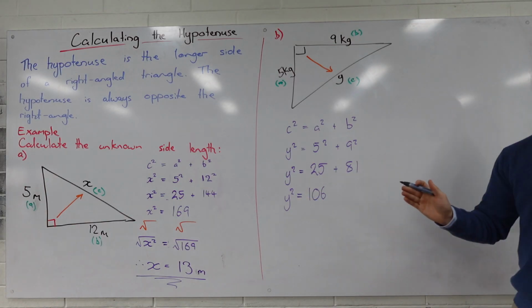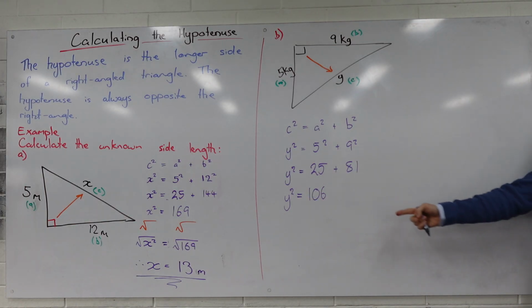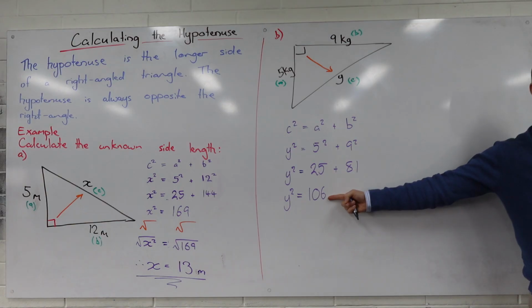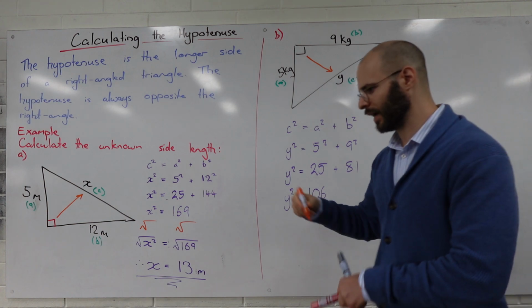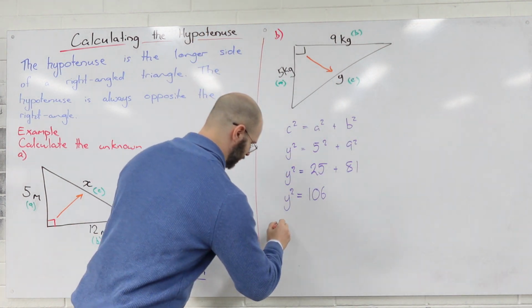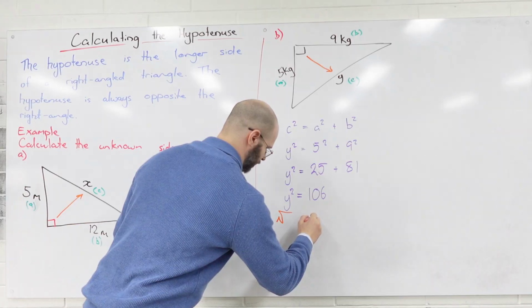Now, if these were squares, we would see that there would be 106 little squares here. But we want to know the length of one of the sides. So what we're going to do is employ our favorite operation in math. What operation is this, Hunter? The square root.